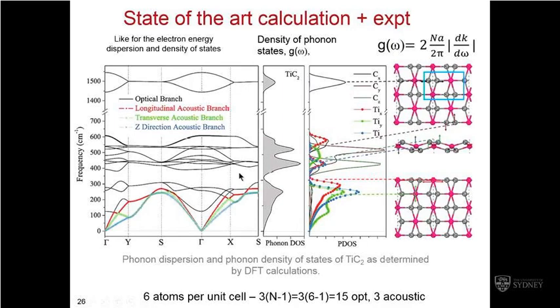Another important thing: remember how when we had the electronic band structure, we could also plot the density of states? You can do exactly the same thing for phonons. These are the bands, your phonon dispersions. These are the corresponding density of states of phonons.